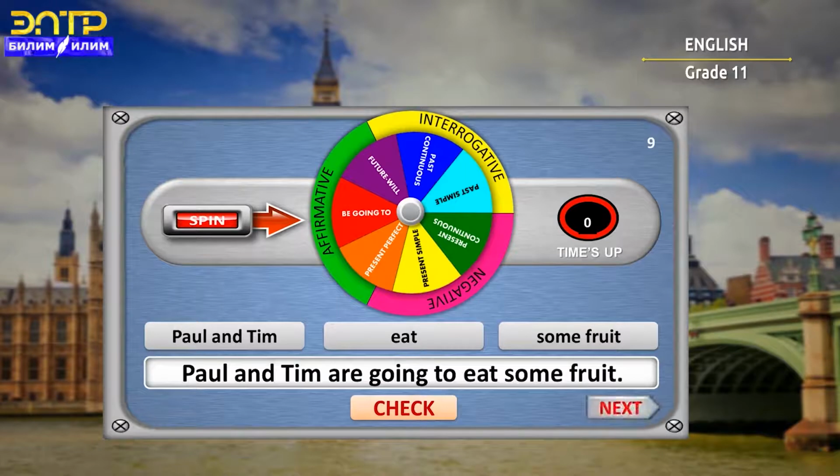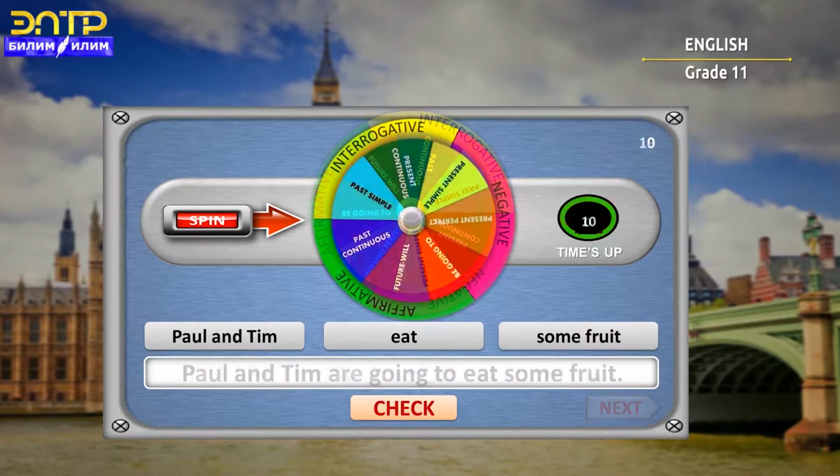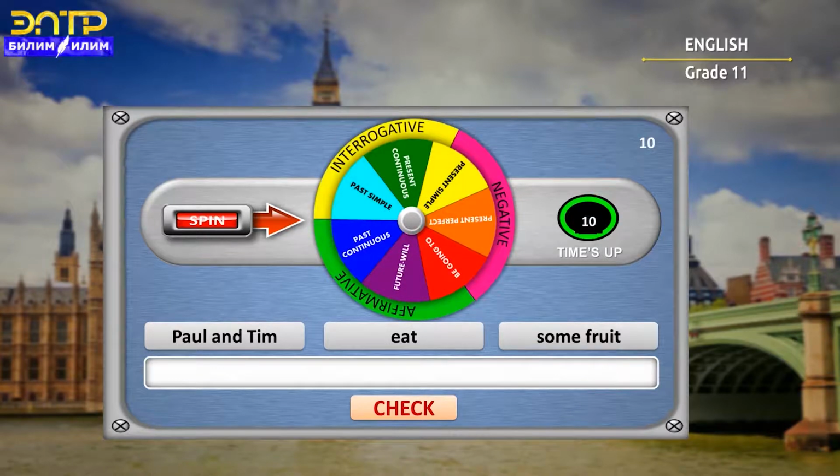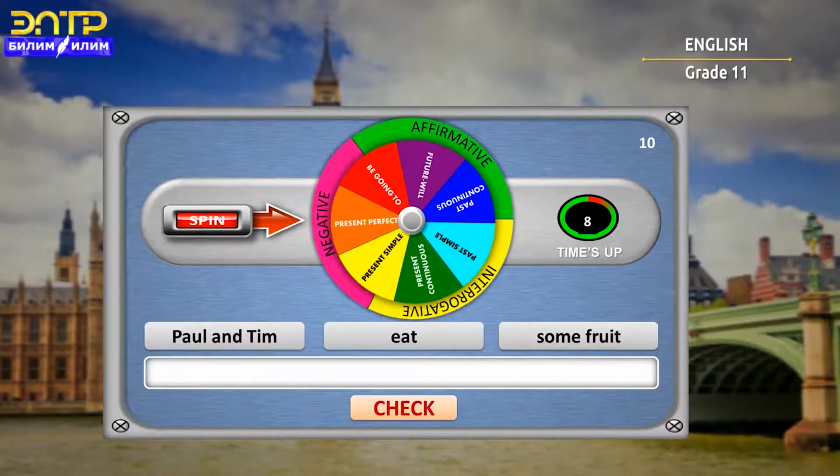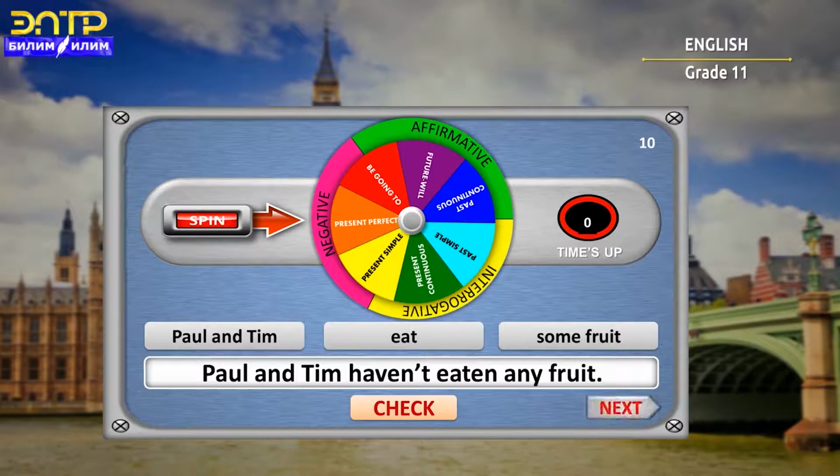Paul and Tim are going to eat some fruit. It is a negative sentence in the present perfect. Paul and Tim haven't eaten any fruit.